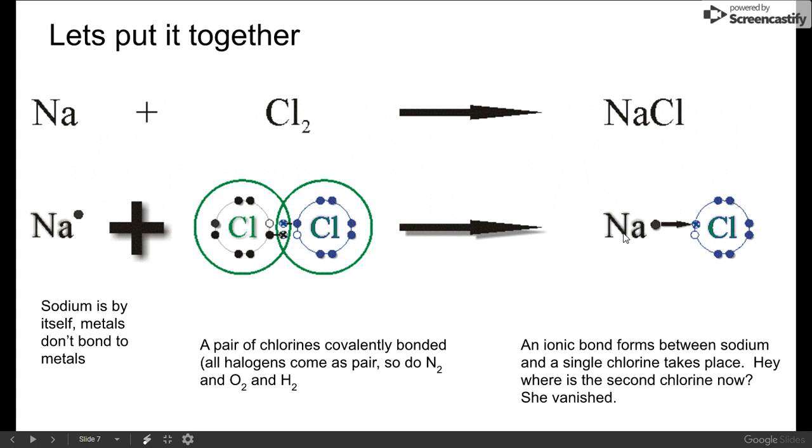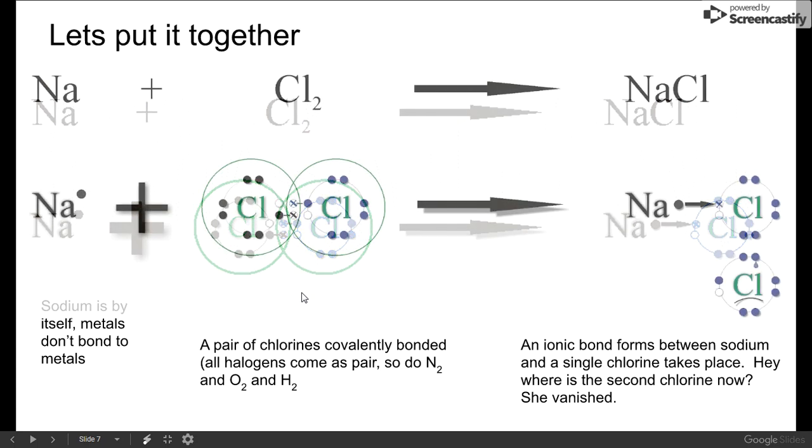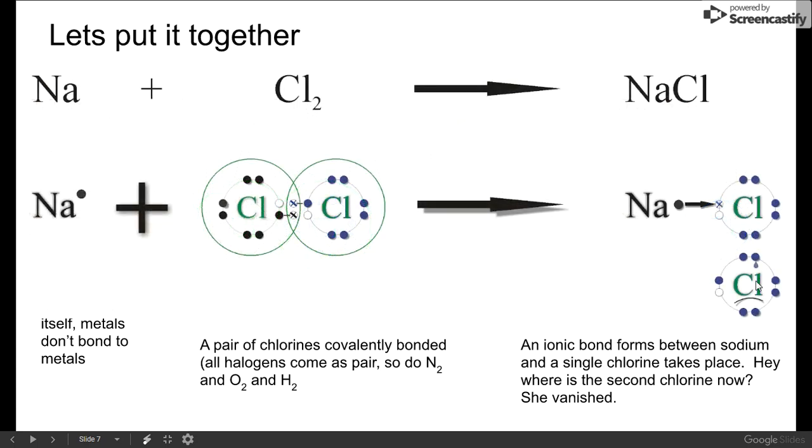The bonds are all correct, but she's missing. Oh, the poor child, she's crying. Chlorina has now got a boyfriend, and Chloretta is lonely. She didn't have anyone. So what are we going to do to fix it? We're going to need another sodium.